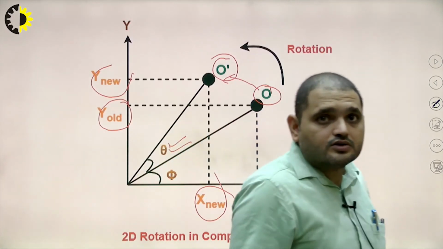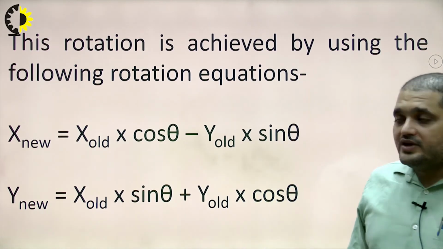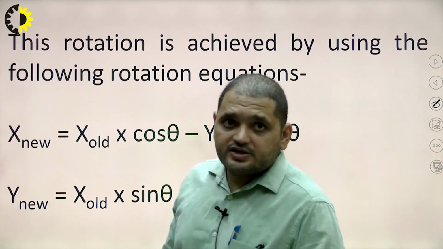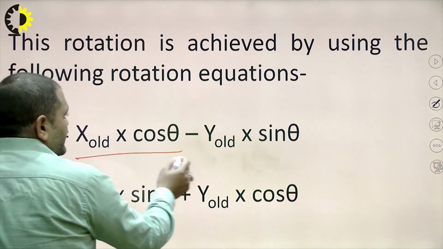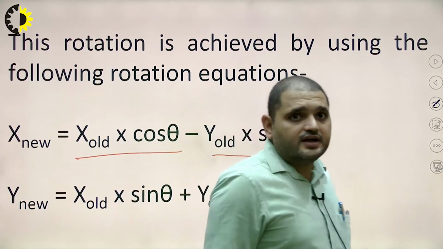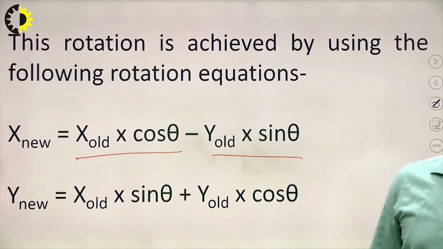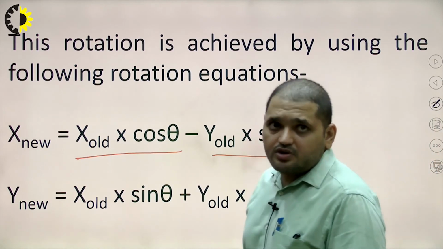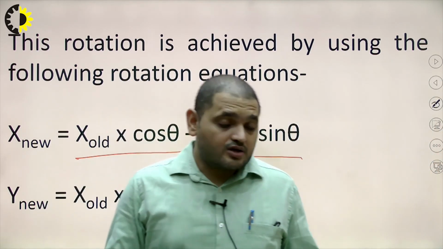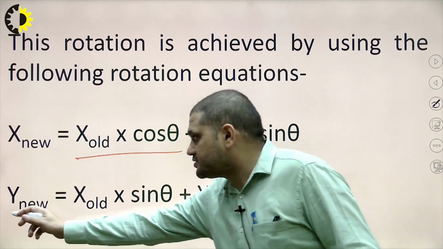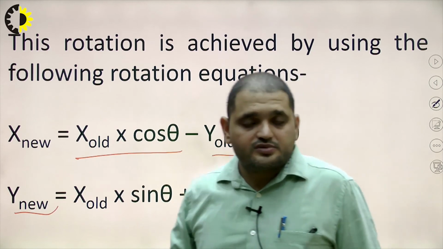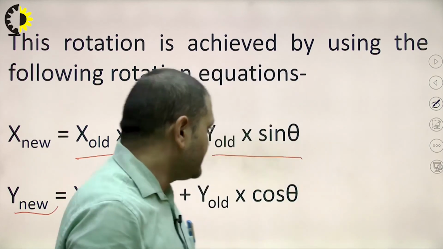So x new is x old cos theta minus y old sin theta, and the new coordinate for y is x old sin theta plus y old cos theta.